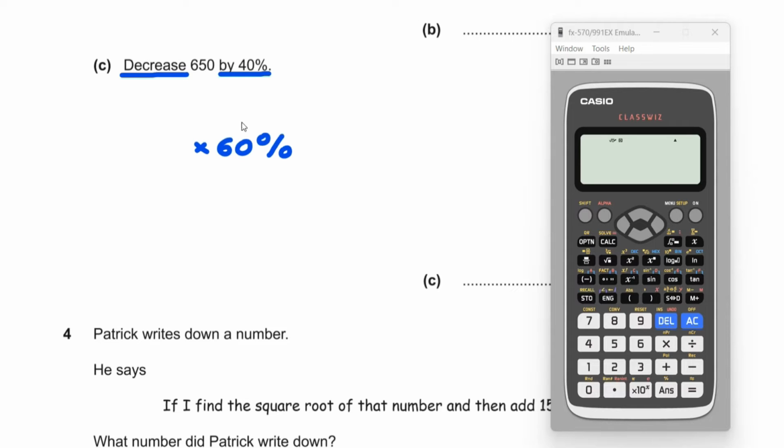So we take this 650 and we multiply it by 60%. So 650 multiplied by 60%, which is the same as 0.6, that's 390. So we end up with 390.